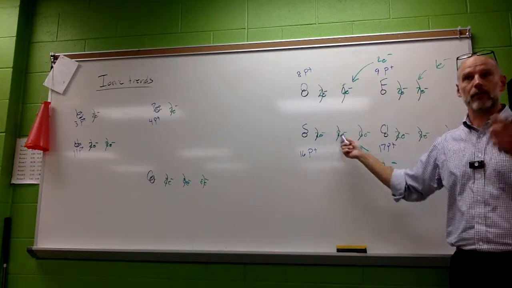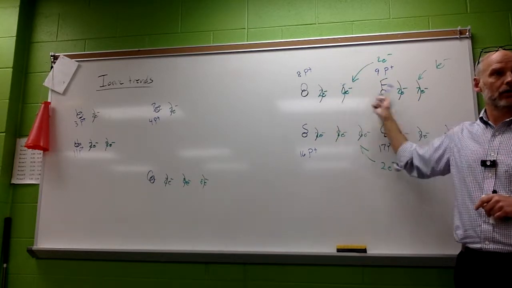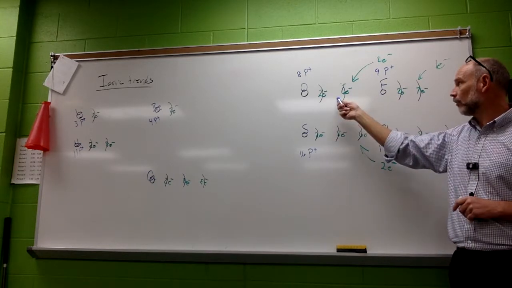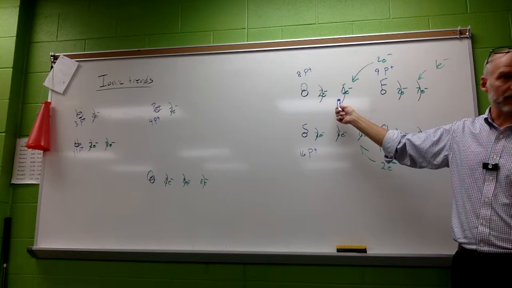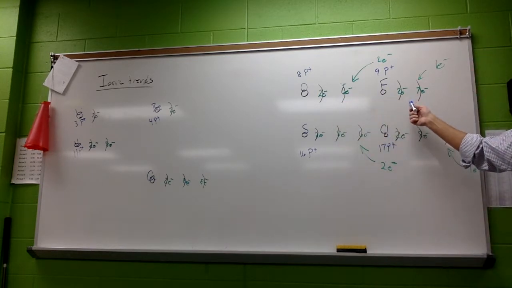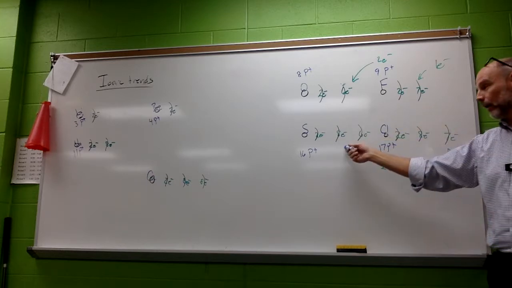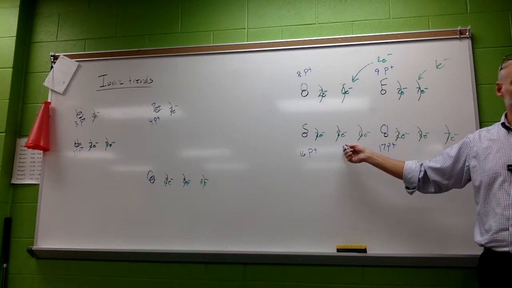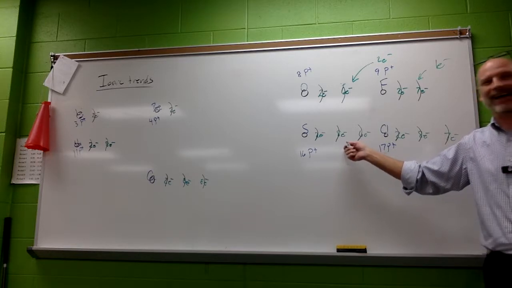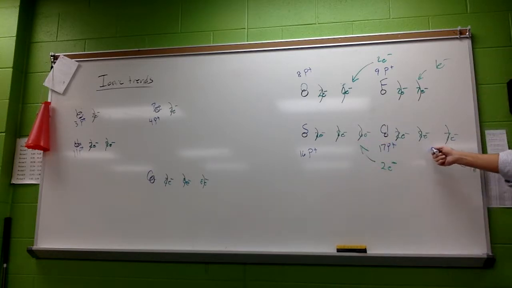The number of electrons, remember, these are isoelectronic. How many electrons is this going to have now? 10. How many is this one going to have? 10. This one's going to have? 18. This one's going to have 18.